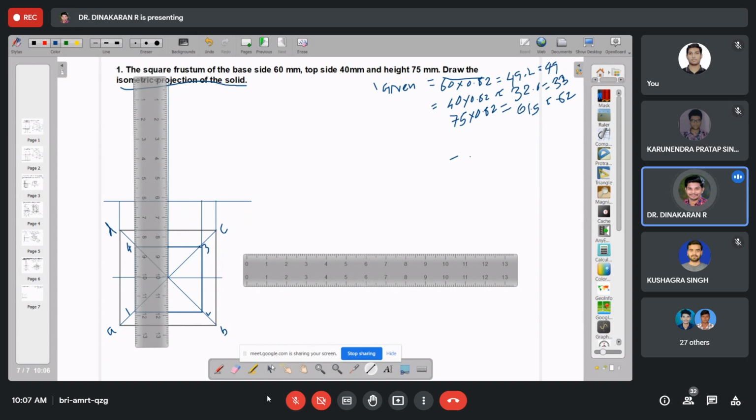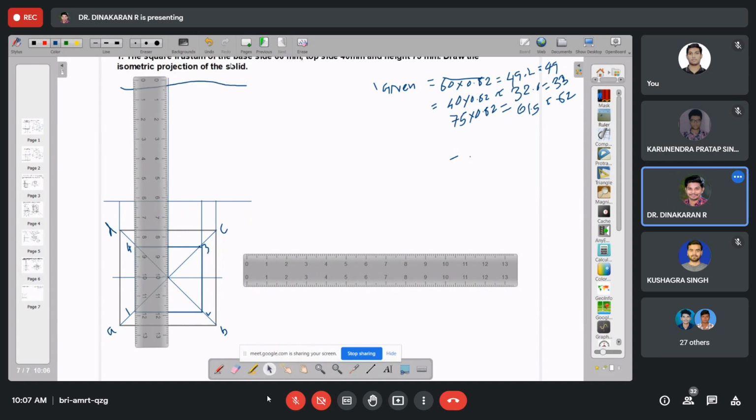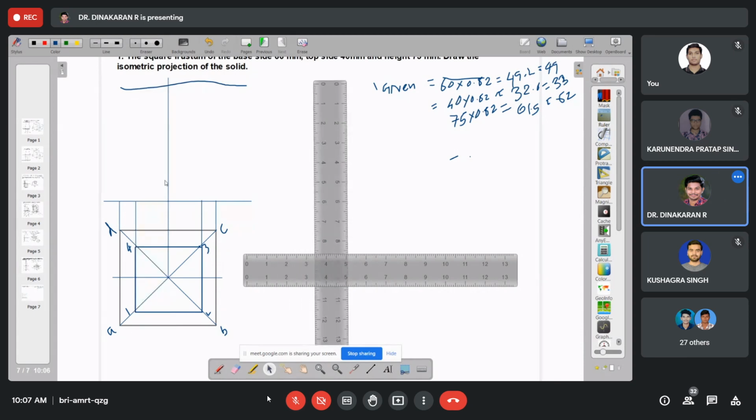You marked it correctly? Where will the projection be?